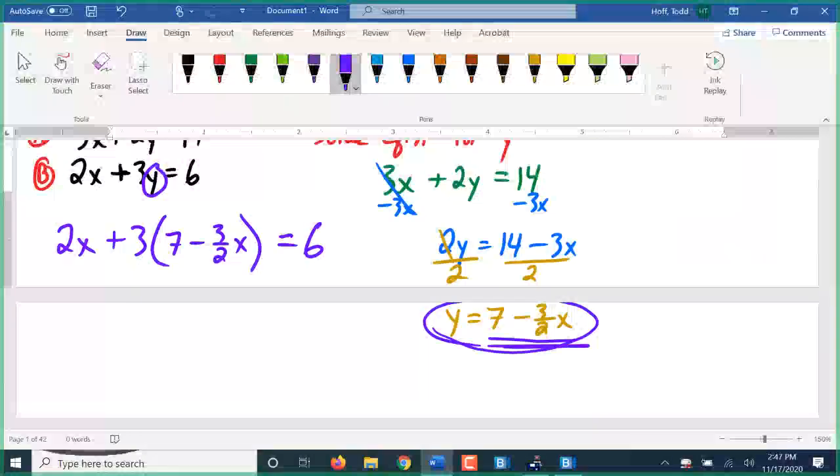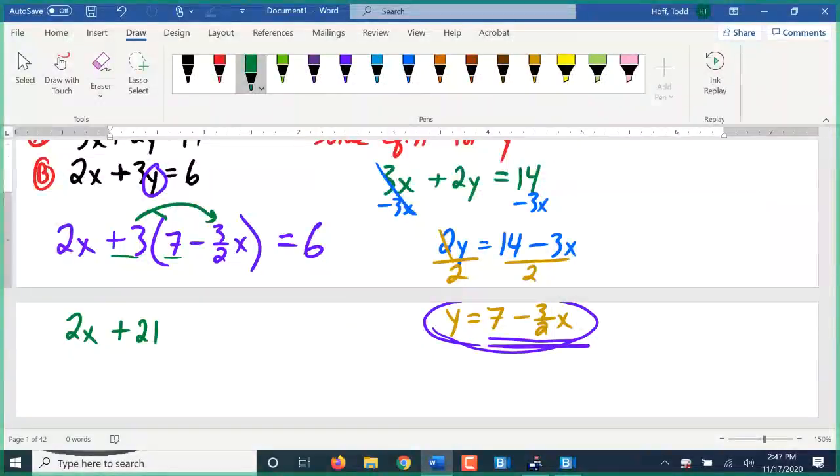Now you'll notice we have an equation here with only one variable. It's only the variable x. We know how to solve those. Even though this one's a little bit ugly, we can still solve it. So here we're going to combine what we can on either side. On the left side, I have to multiply by the 3 through the parentheses. So that 2x is not going to change. Positive 3 times 7 is a positive 21.